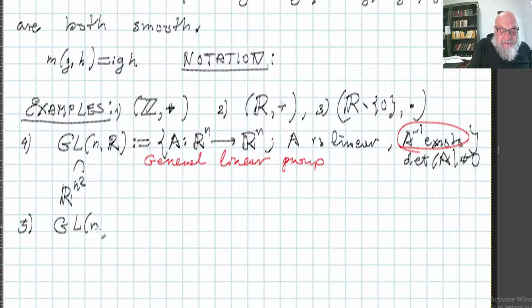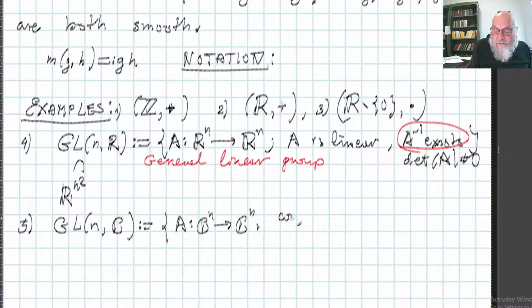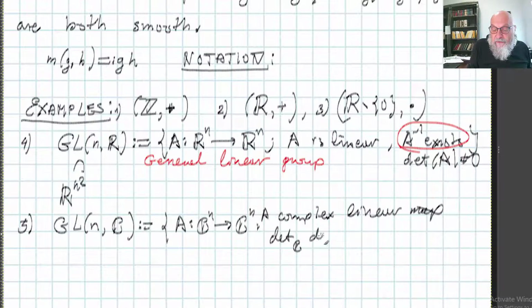So similarly, one can also define another group. In such a case, this will be the group of all invertible complex matrices. So let me write it down. This is the set of all A from C^n to C^n, a complex linear map, and the complex determinant of A is also non-zero.